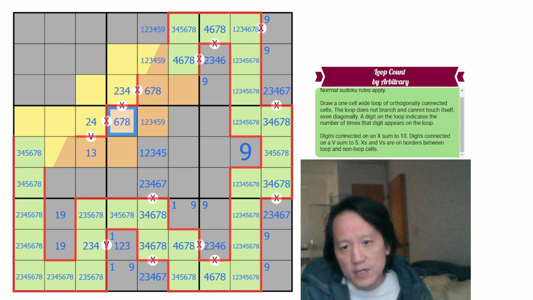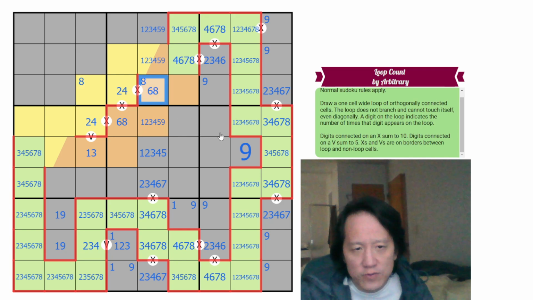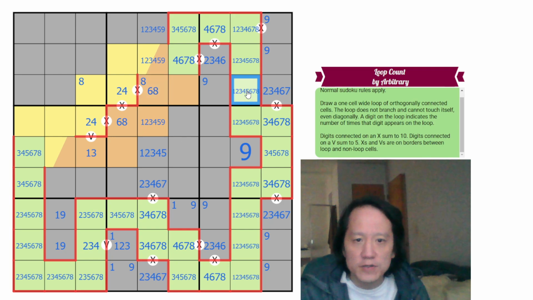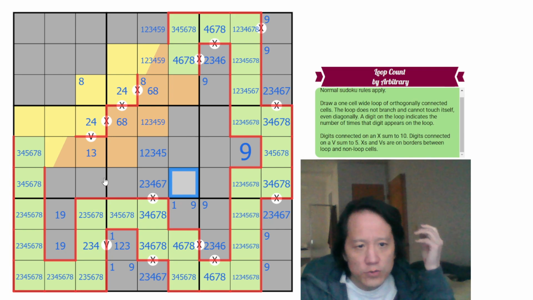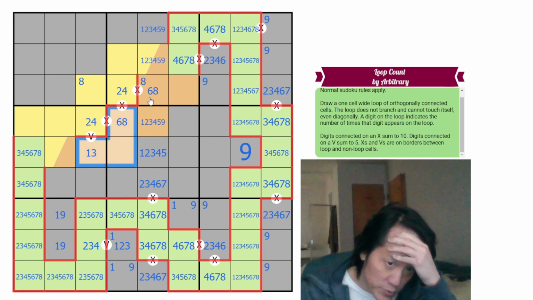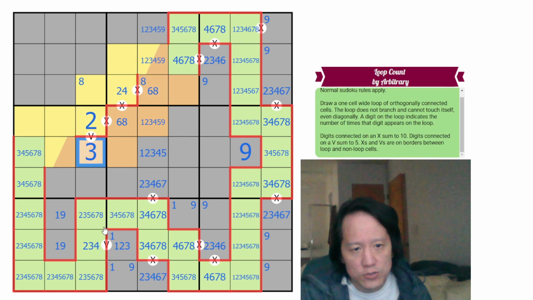So therefore, this can't be 7. This can't be 3. This can't be 7. So the 8 in row 3 has to be one of these two. Therefore, this cannot be 8, which doesn't really tell us much. But so if the orange is part of the loop, this would be 8 and 8. So then this would have to be 2, this would be 3.